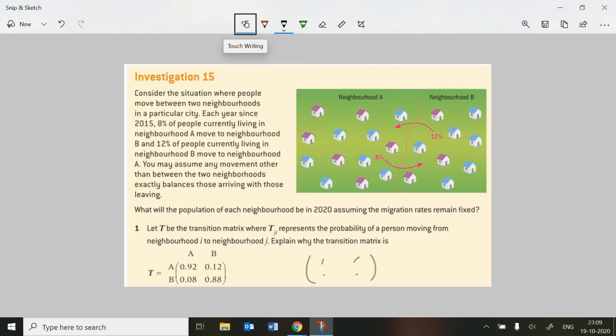So that will give you your long-term probabilities of ending up in each of the sections, of A going to A and B going to A in the long term.